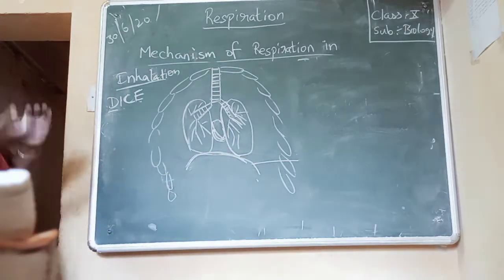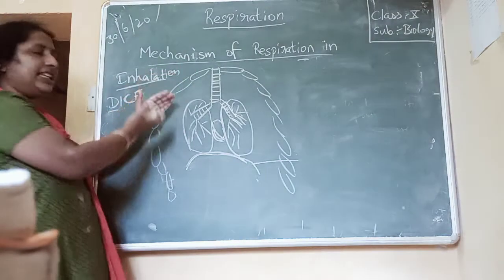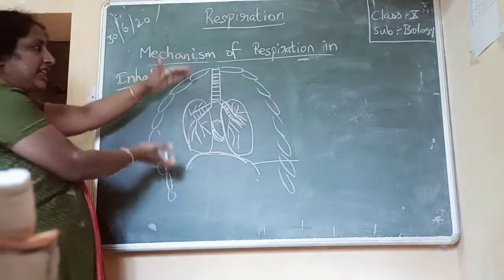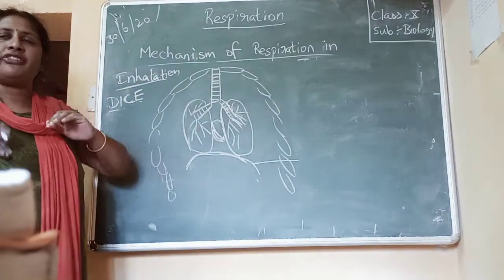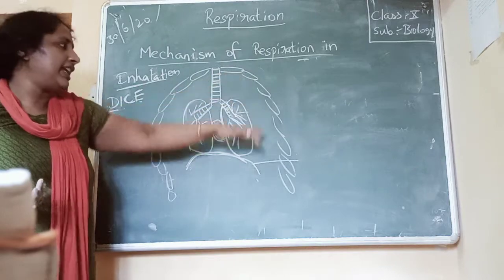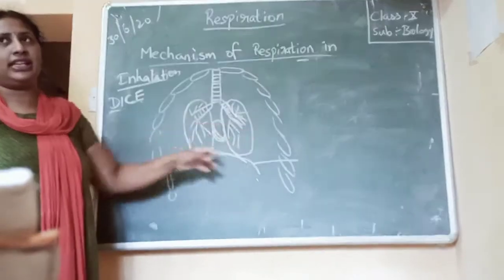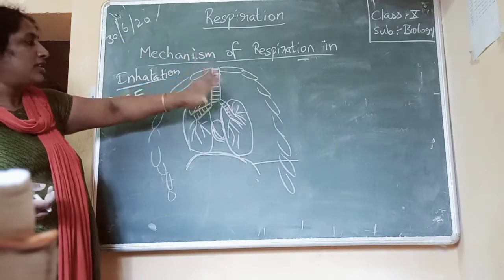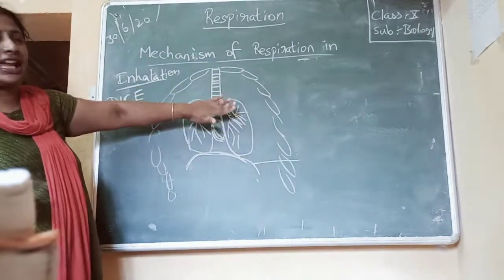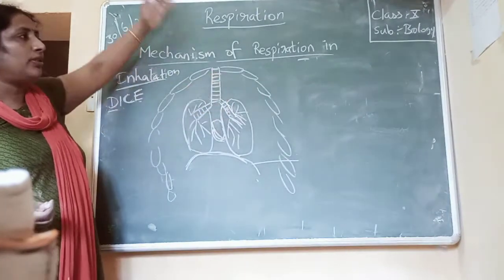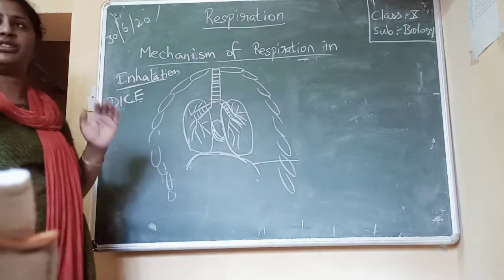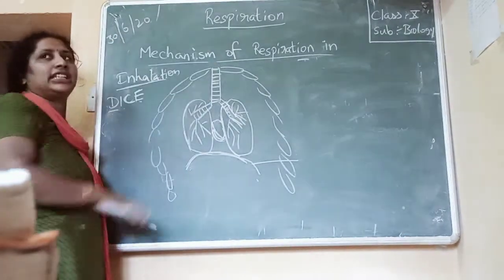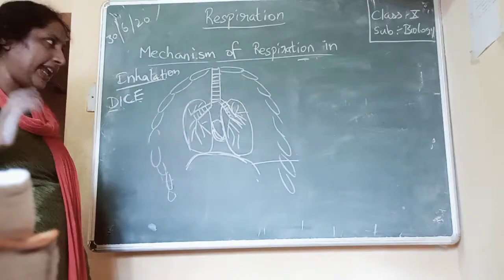So the space in the chest cavity decreases. When it is decreased, the pressure here will be more and outside the pressure will be less. The air travels from more pressure to less pressure. As here the pressure is more, the air is sent out. This is the process of exhalation.